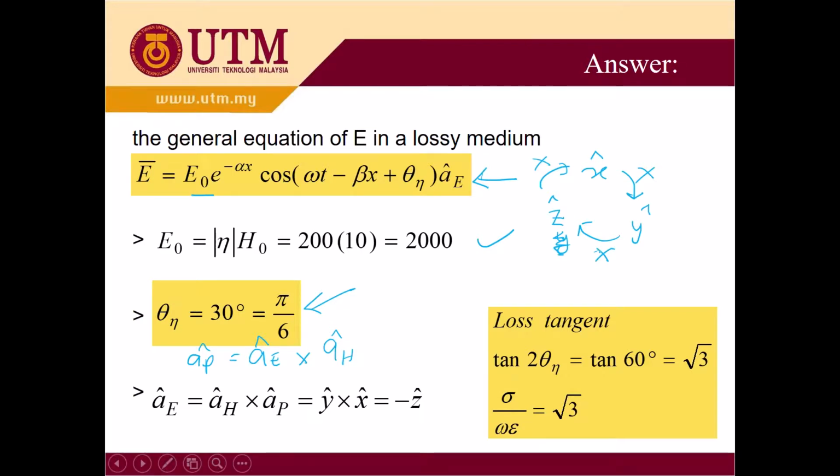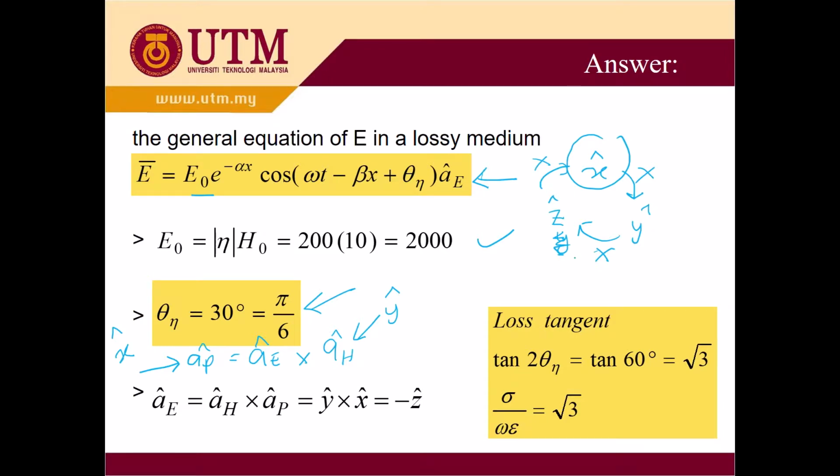So we know the direction of our propagation from the expression. This is X, and H is basically Y. So what cross product with Y gives X? The X is here, and our Y is here.